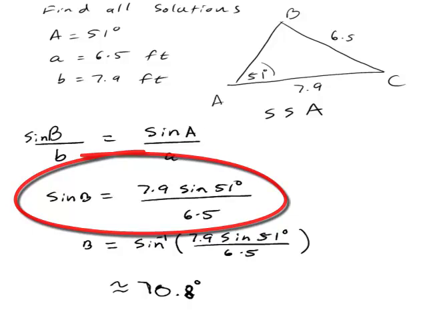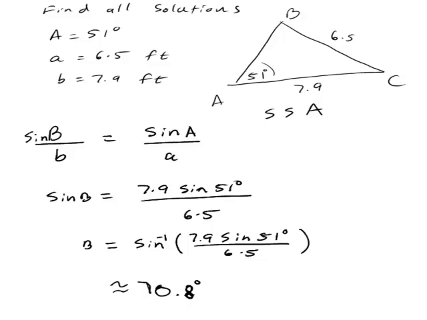Now, this ratio right here is a positive number, right? And we know that when we're solving for an angle for sine, if the ratio is positive, there are two possible answers. And those two possible answers are angles that correspond to quadrant 1 and quadrant 2, right? Because that's where sine is positive.